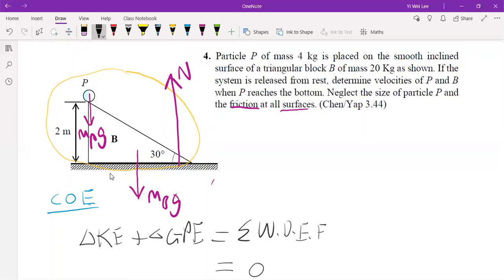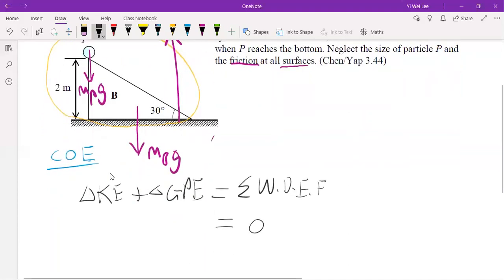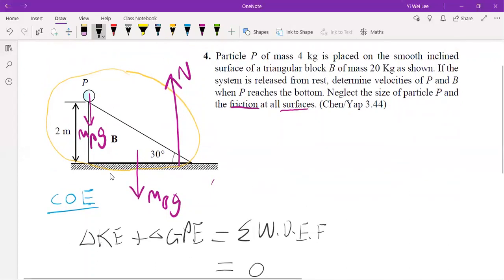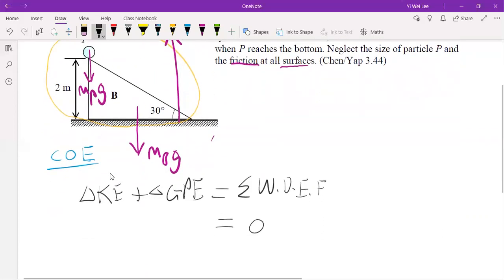If this block doesn't move upwards, there's no distance traveled in the direction of the force. So the work done by this normal force is also 0. Bottom line, the work done by external force is 0 in this case, because first of all, we don't include gravitational force, and second, the distance traveled in the direction of this force is 0. So we establish it is 0 here.